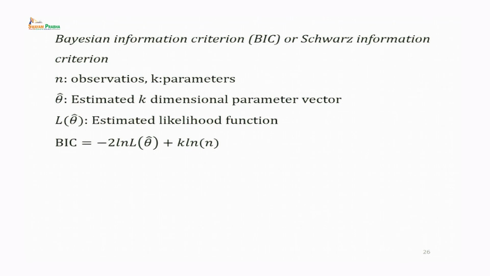One depends upon the likelihood, or minus of likelihood. Whenever you add any variable, the first part always decreases, but the second part, for example in BIC, k times log n, increases. So, it gives a penalty to the complexity of the model. So, one can use any of these criteria as a model selection criterion.